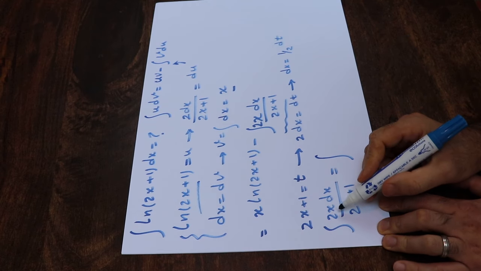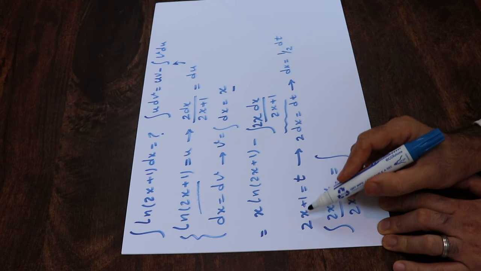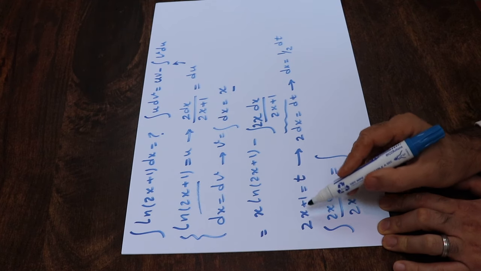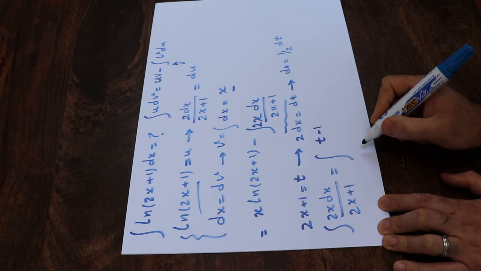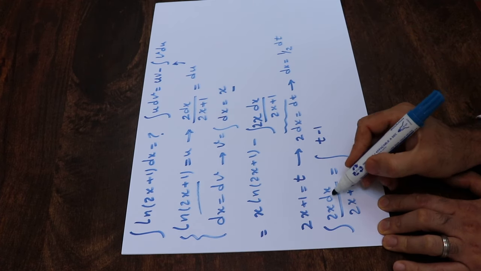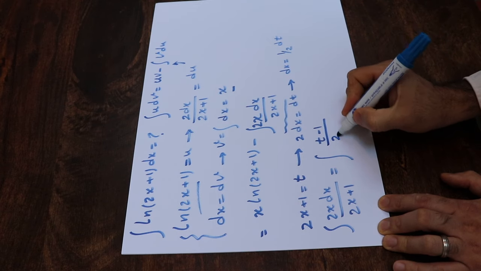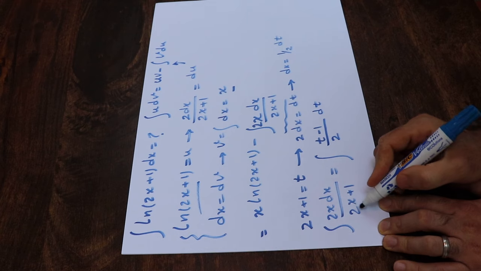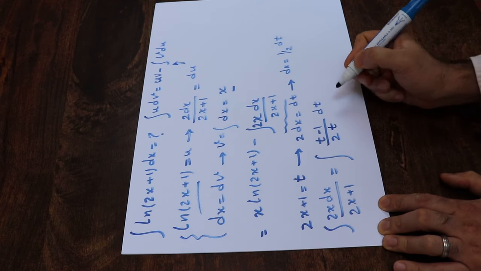Instead of 2x, I write t minus 1, because 2x+1 is t, therefore 2x is t minus 1. And instead of dx, I write 1/2 dt. And instead of 2x+1, I simply write t.